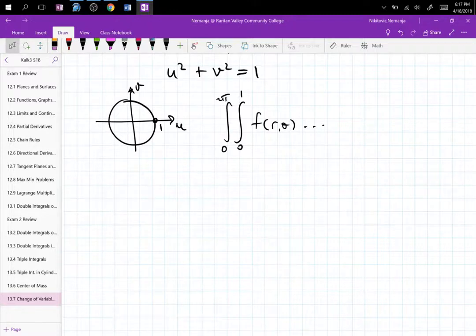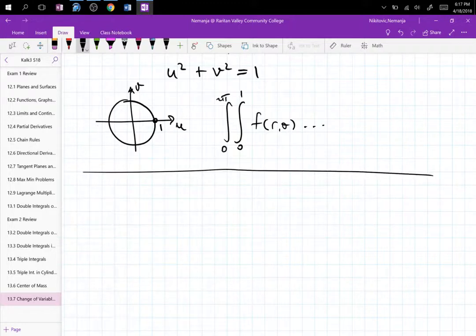Jacobian is a matrix. It's a determinant of the matrix of partial derivatives. And the order of the Jacobian will depend on the order of the problem. So you have a 2 by 2 Jacobian of partial derivatives if you are in 2D, and 3 by 3 for 3D, and you know how to compute these determinants.